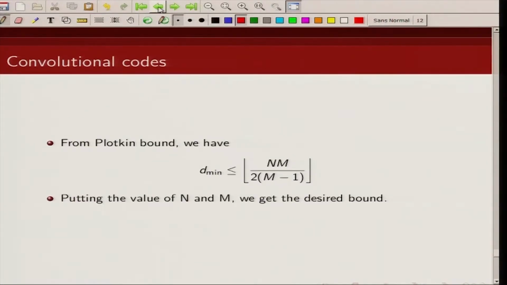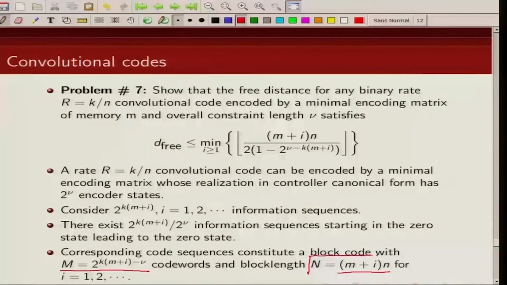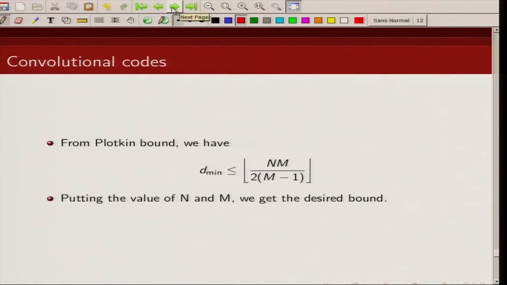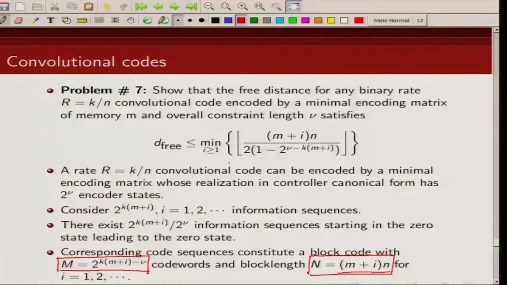Our n is this. Okay, this is our n. And what is our m? Our m is this. So, if we plug in these values of m and n in our Plotkin bound, what we get is our desired bound, which is this result. Okay.